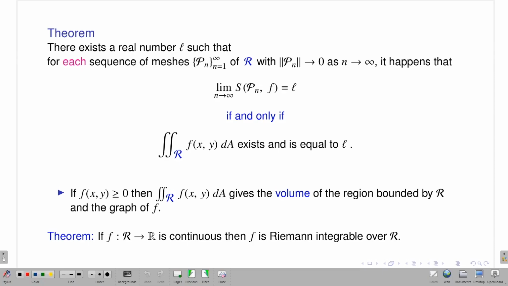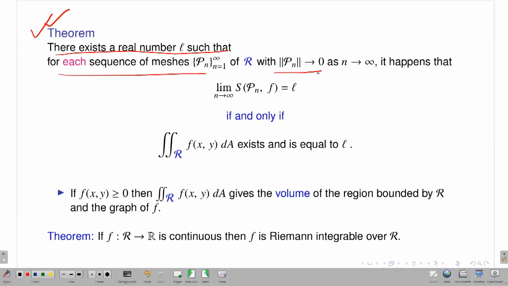Okay. So, I have written the same thing I have discussed in another way, and I put it as a theorem. It says that there exists a real number L, and suppose you have a sequence of partitions Pn of R such that the norm of the partition goes to 0 as n approaches infinity.